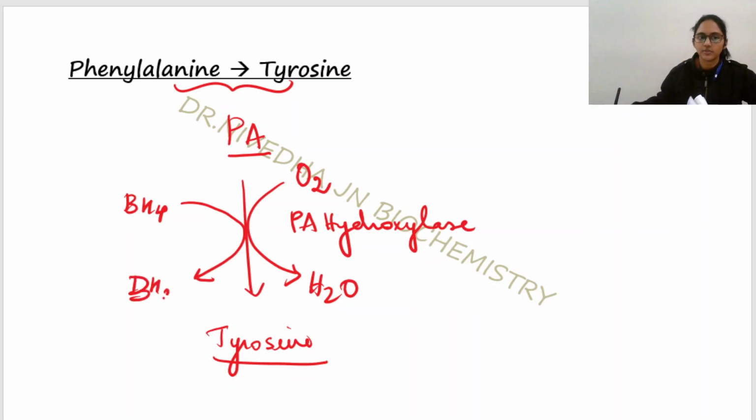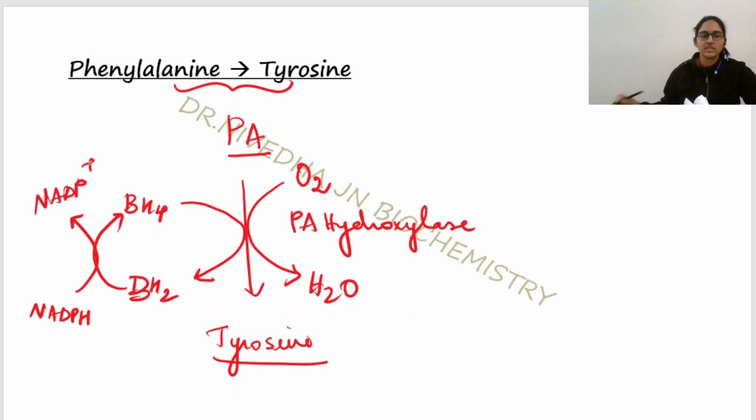Yes, dihydrobiopterin. Now to regenerate tetrahydrobiopterin, we use NADPH. So this is the reaction of conversion of phenylalanine to tyrosine. What is the enzyme which regenerates the tetrahydrobiopterin?